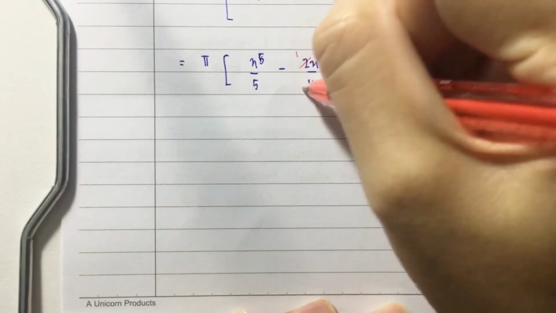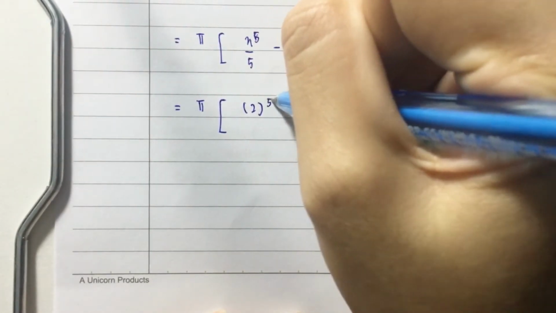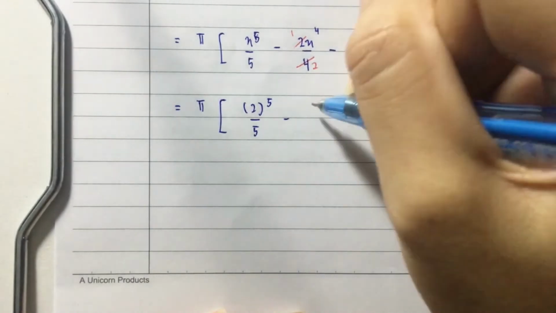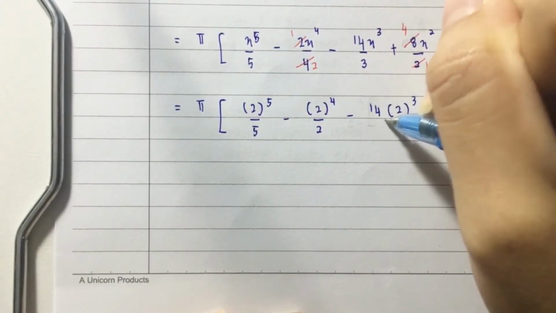And then we are able to simplify a few integrations. Next step will be to substitute the upper bound and lower bound to evaluate the integral. So 2 for the upper bound and -2 for the lower bound.